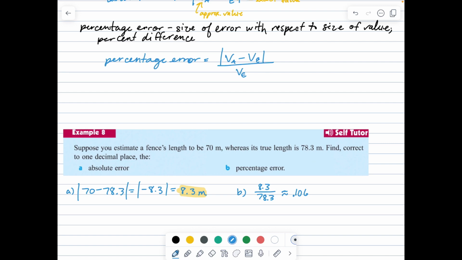It said to find that correct to one decimal place, so that would be 0.1, or sorry, just 0.1. And if we were to write that as a percent, you move the decimal over 2 places, and that's 10%. So that's our answer there.